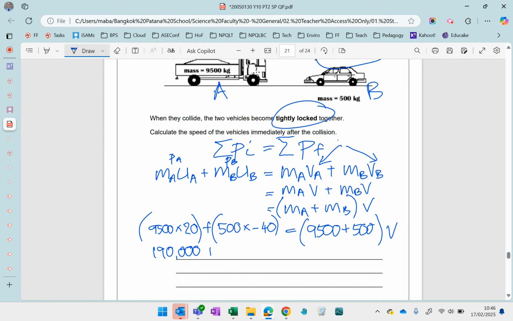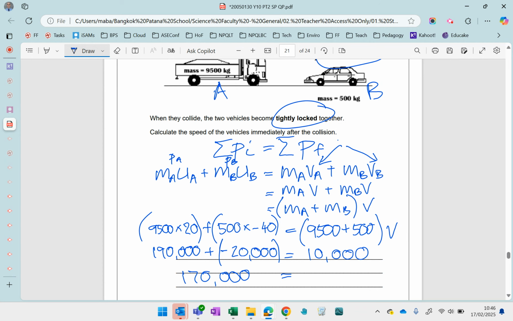And it's plus, but then it's minus from this bit, 40 times 500. That's 20,000, so that's plus minus 20,000. So the left-hand side of the equation is going to be 170,000 kilogram meters per second. Right-hand side of the equation, this is just going to be 10,000.